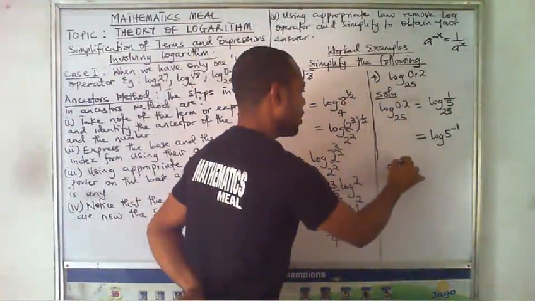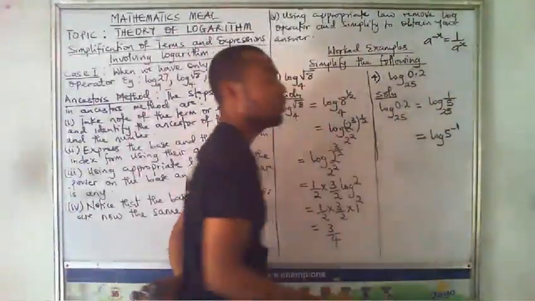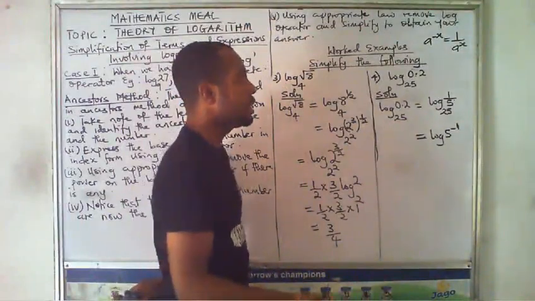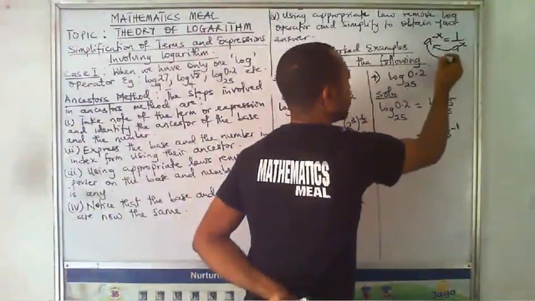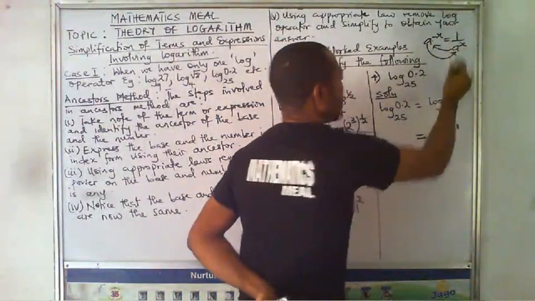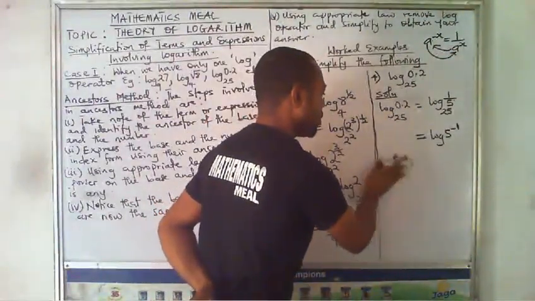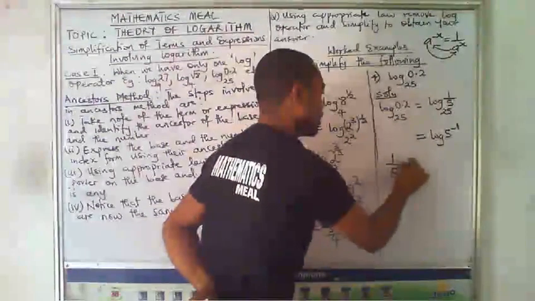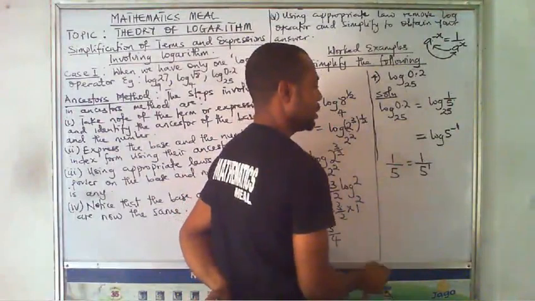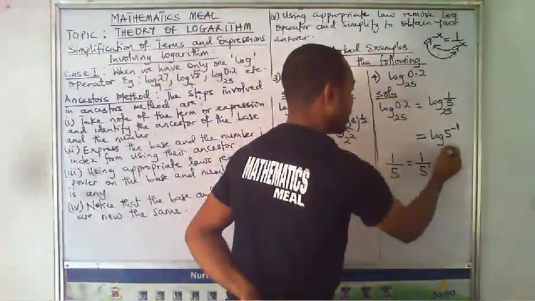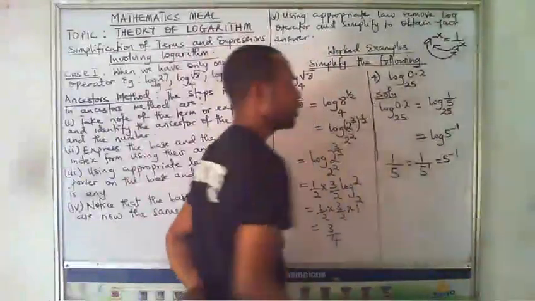When this comes this way, it's written like this; when you want to write it the other way, it is written like this. So 1 over 5 is 1 over 5 raised to the power 1, and in alternative form using negative index, it's 5 raised to the power minus 1.